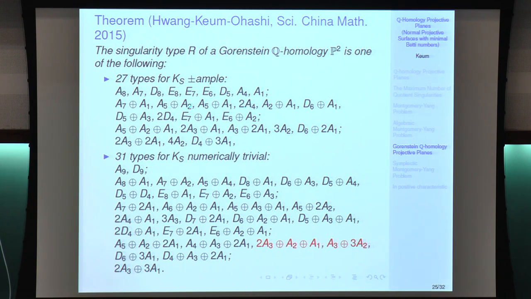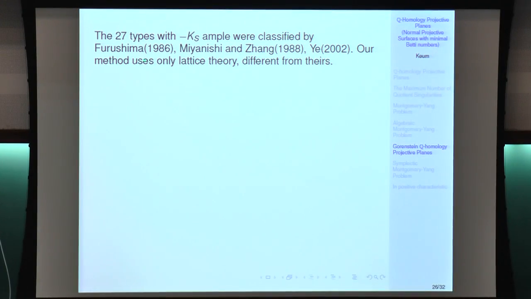Second line. Here. Okay, so in this case also, the general type cannot happen. So the 27 types with minus KS ample were classified by Furushima and Miyanishi and Zhang.